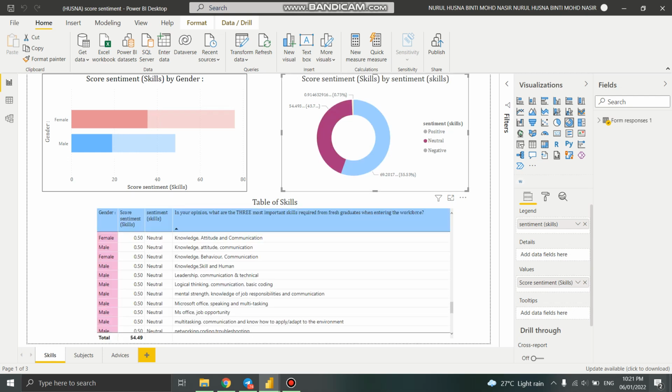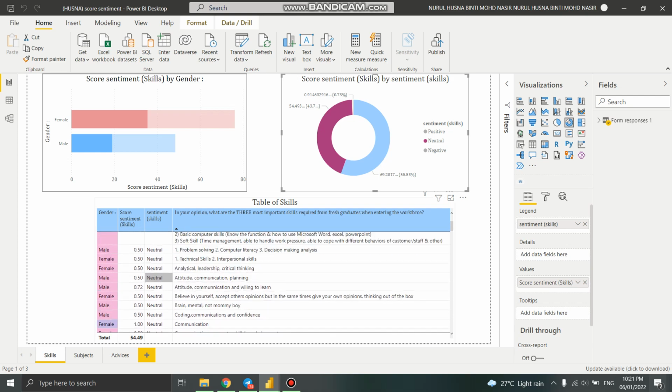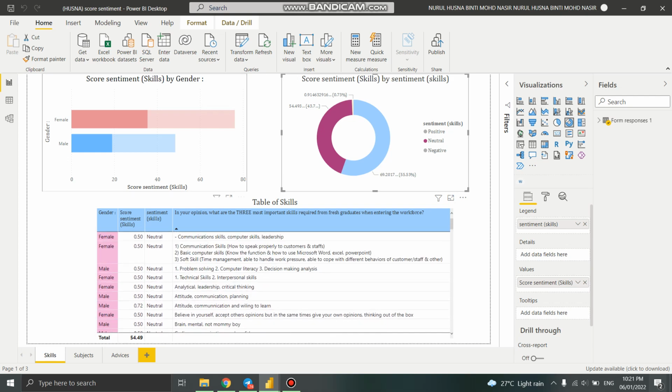If I choose negative, the table shows negative results and neutral results, and how many females and males chose the positive and neutral sentiment scale.